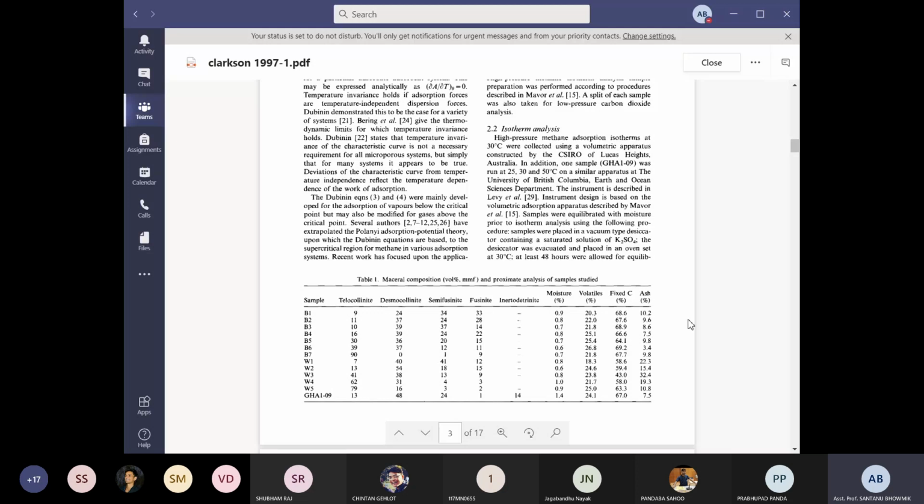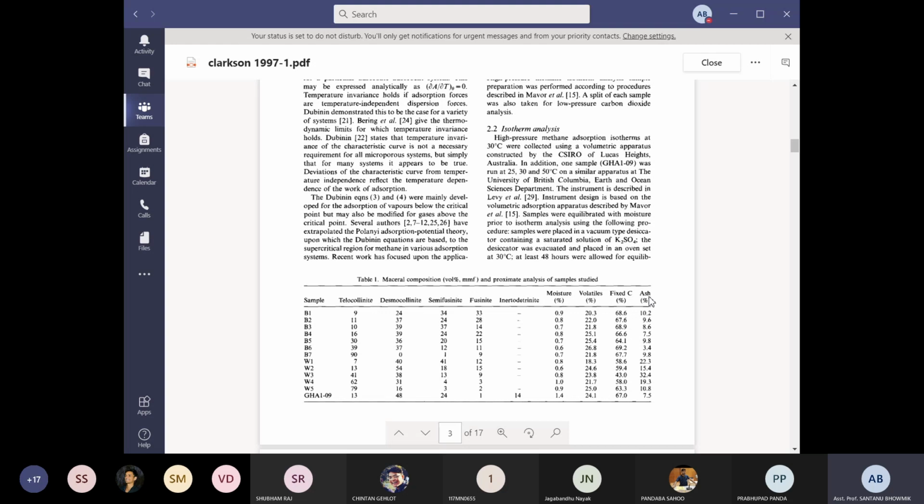You can see that the proximate analysis results are also given. The petrographic analysis is expressed in volume percentage, and MMF means mineral matter free. And the proximate analysis is given in percentage only.